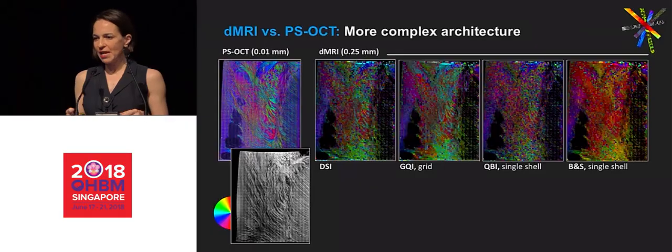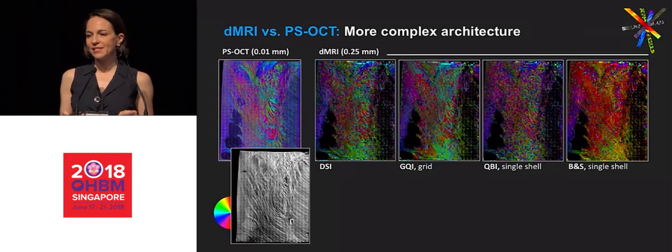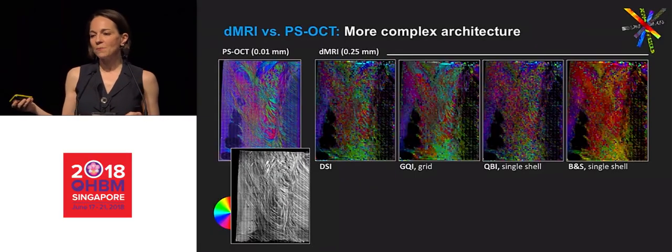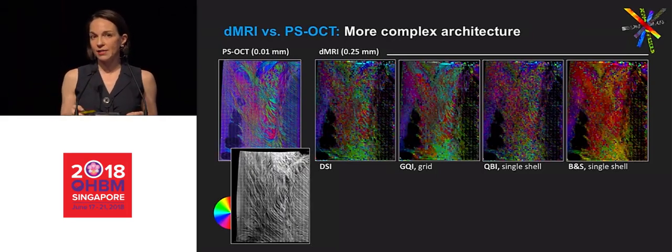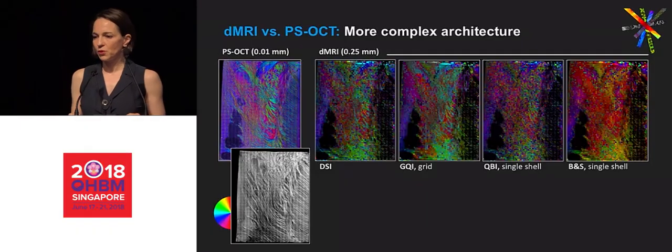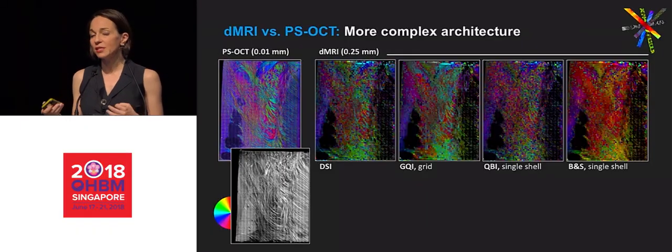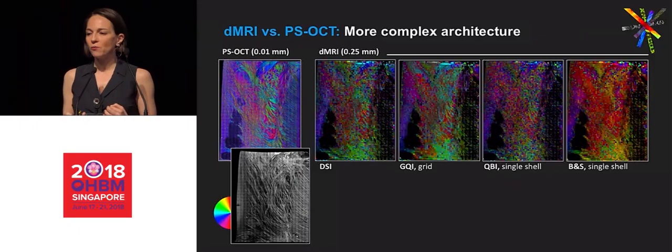So what you see at the top left is the orientation axis image from the PS-OCT, and right under that is the intensity image from the OCT. So you see that really this is a very complex area of white matter.